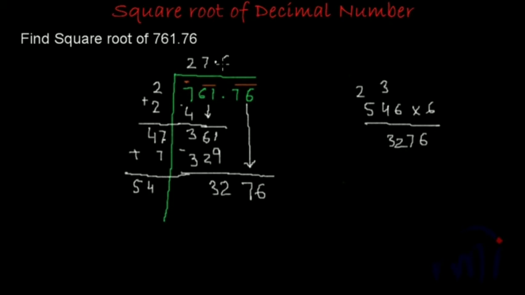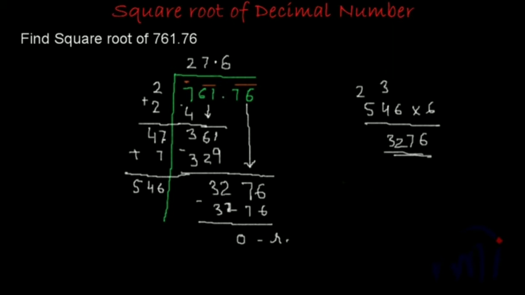So 6 is the number, right? Because this is exactly the same as what we have over here. So if we put 6 at the units place, 546 multiplied by 6 is 3276. And if I subtract it, I'll get 0 as remainder.